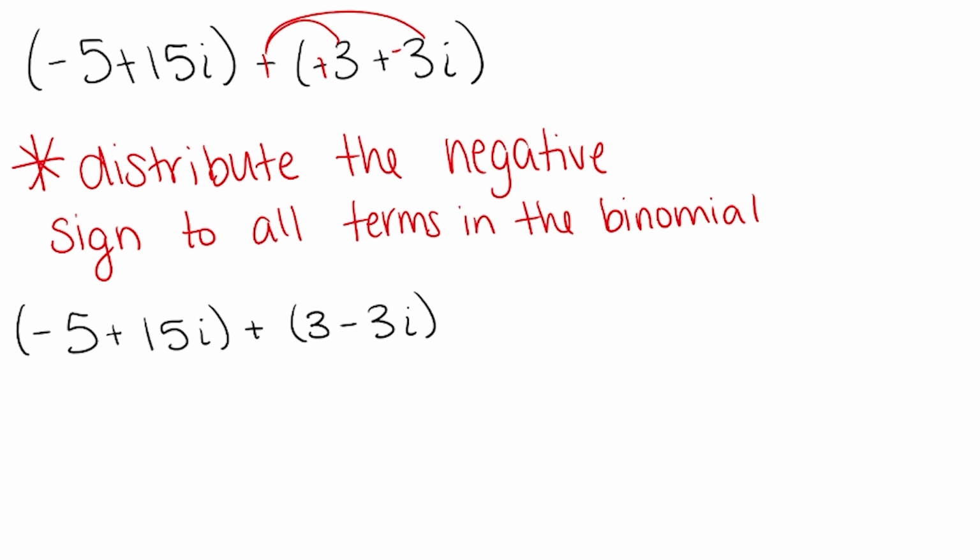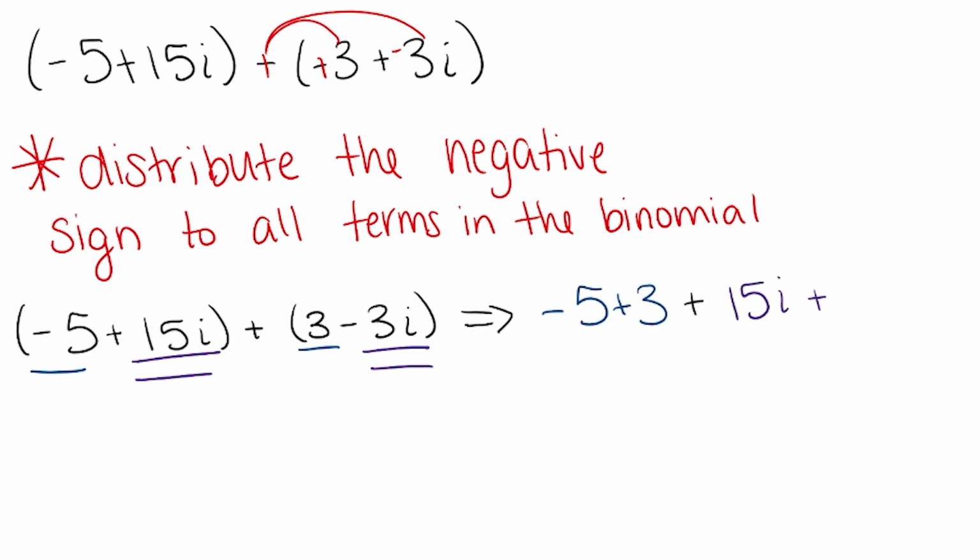Now we can combine our like terms. So negative 5 and positive 3 are like terms. 15i and negative 3i are like terms. So this becomes negative 5 plus 3 plus 15i plus negative 3i. Adding those together, we get negative 2 plus 12i as our final answer.